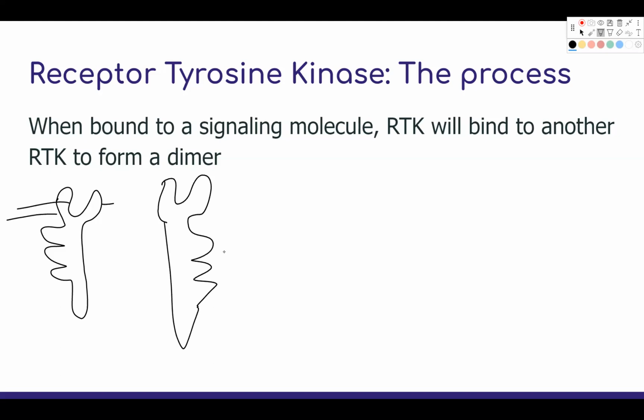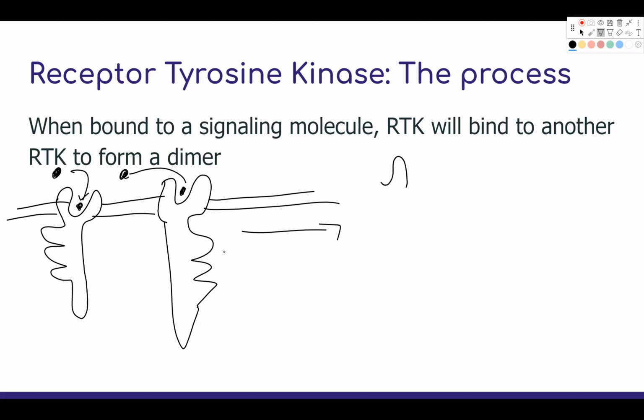we're going to draw our membrane in here. If our ligands bind, then what happens is we get our dimer, which I have a hard time drawing sometimes.